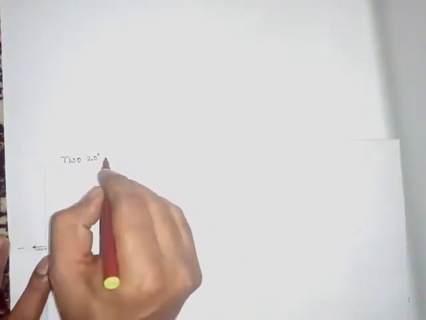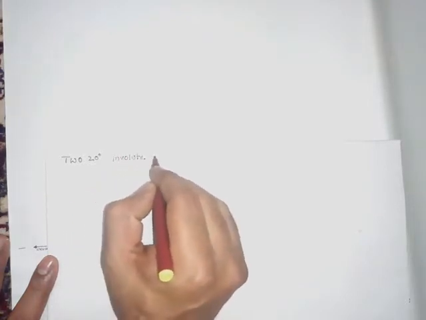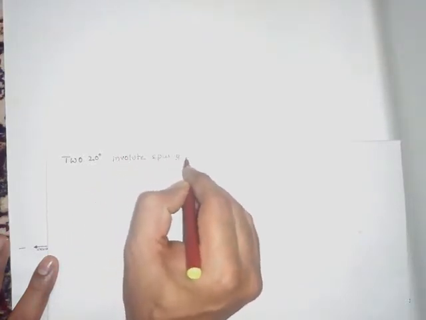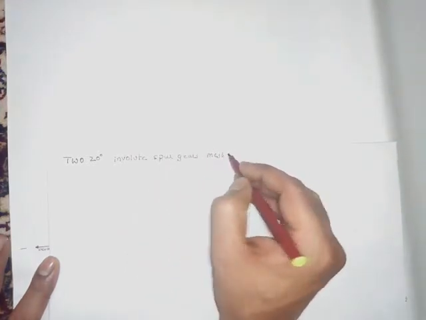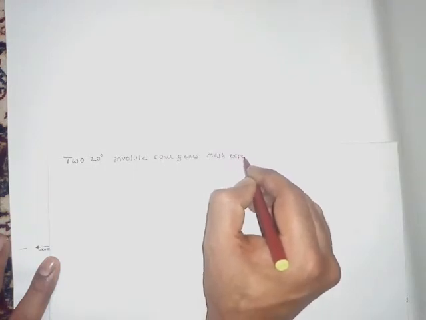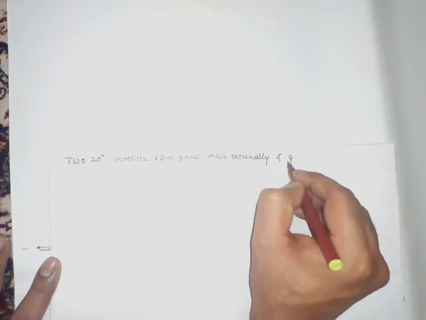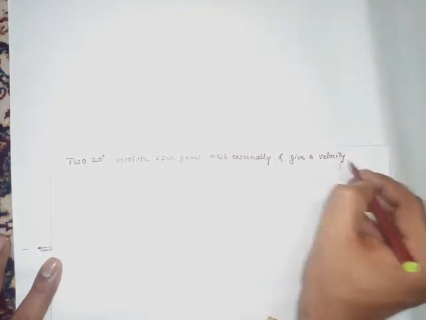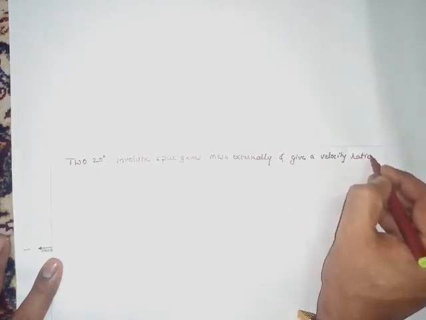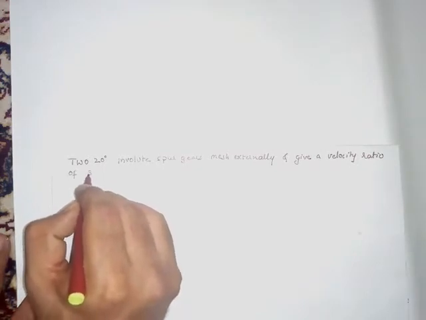Two 20-degree involute spur gears mesh externally and give a velocity ratio of 3.